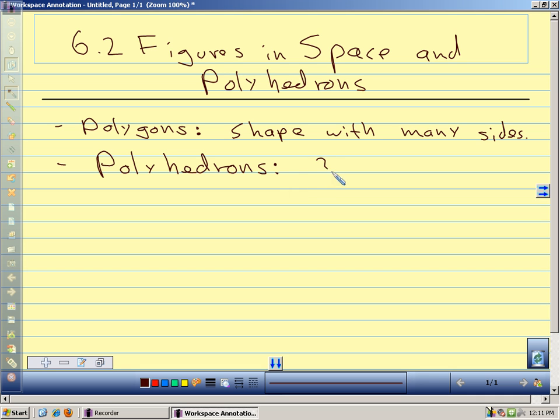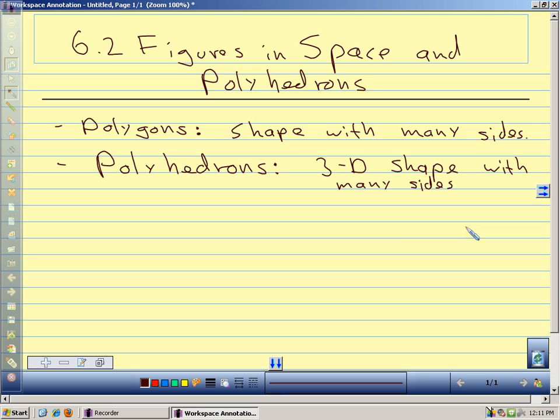So this is a 3D shape with many sides. And we'll give some things some names in just a minute. So a polyhedron is a 3D shape with many sides.